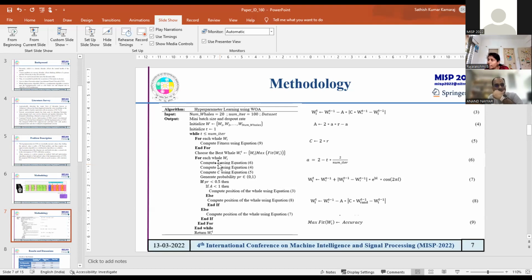The fitness we have taken is the accuracy of the CNN, and at each iteration, the algorithm carefully does exploration and exploitation in order to find the optimal values for mini batch size and dropout rate. The mini batch size and dropout rate can be found by using the best whale position and also the random whale position.